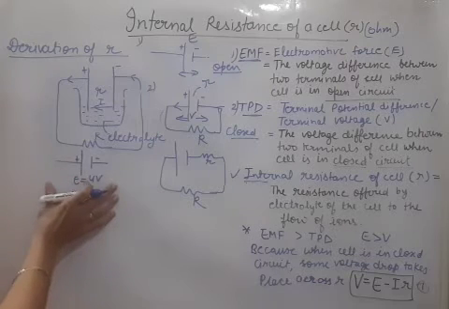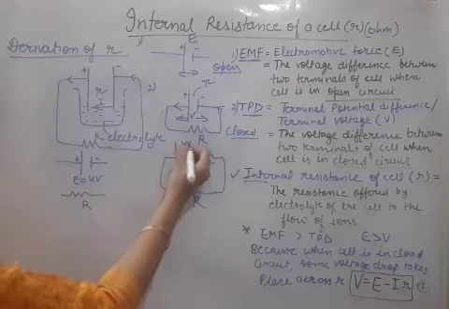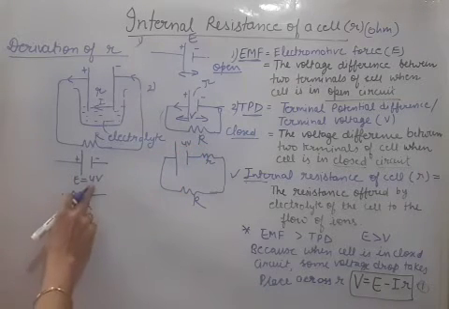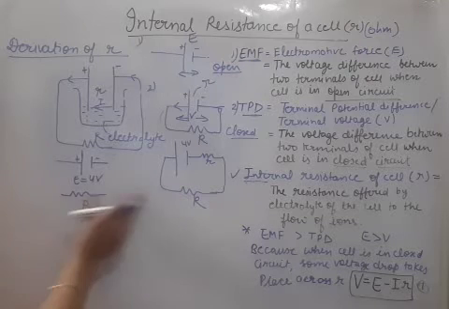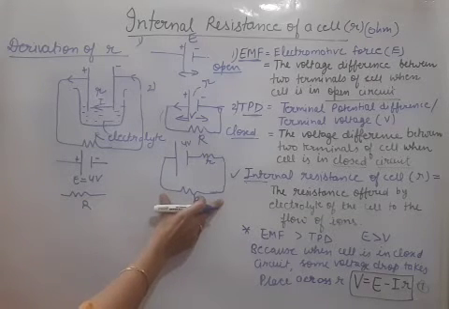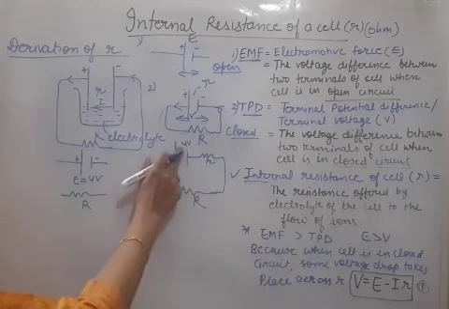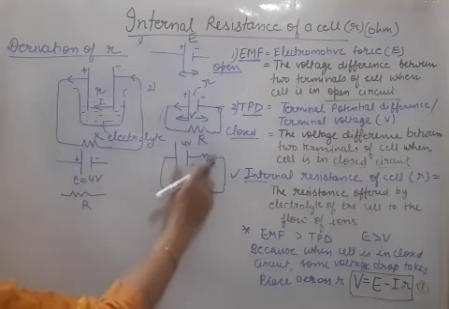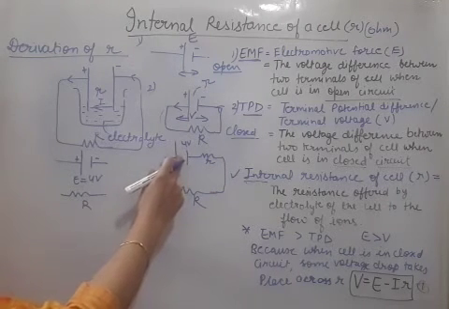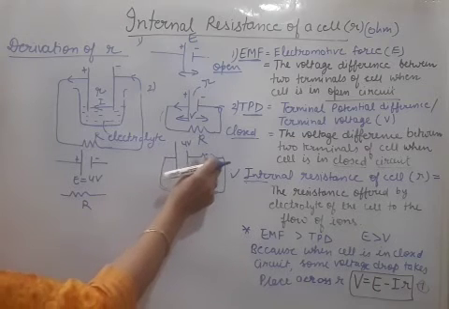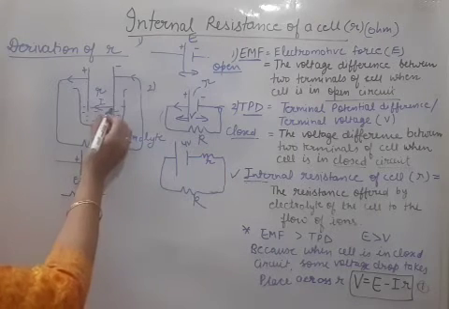Here the open circuit was there, here it is a closed circuit. So now what happens? Suppose this cell was providing 4 volt like this. Now this 4 volt should be completely available for this capital R. But you see this circuit. It is a kind of series circuit in which 4 volt is available for two resistances, small r and capital R. Because the cell is not alone, when the current flows the cell also shows an internal resistance, and along this internal resistance also the current flows.